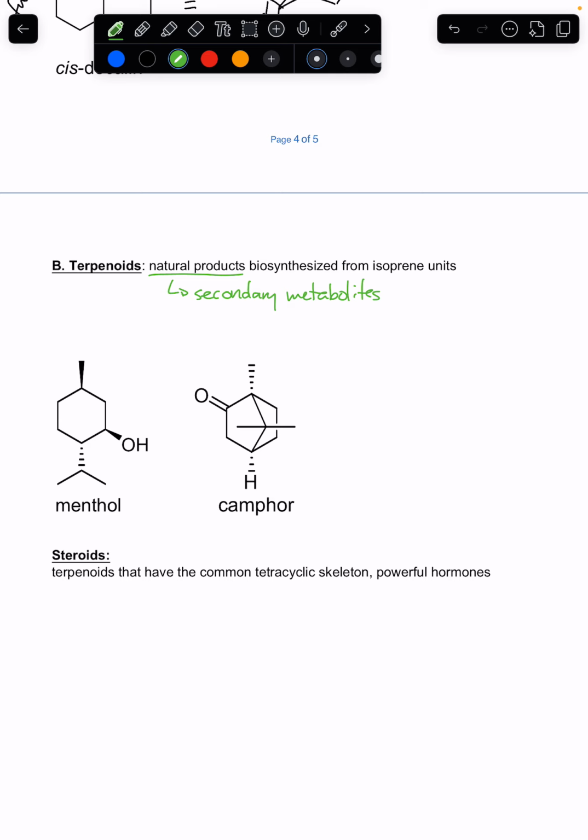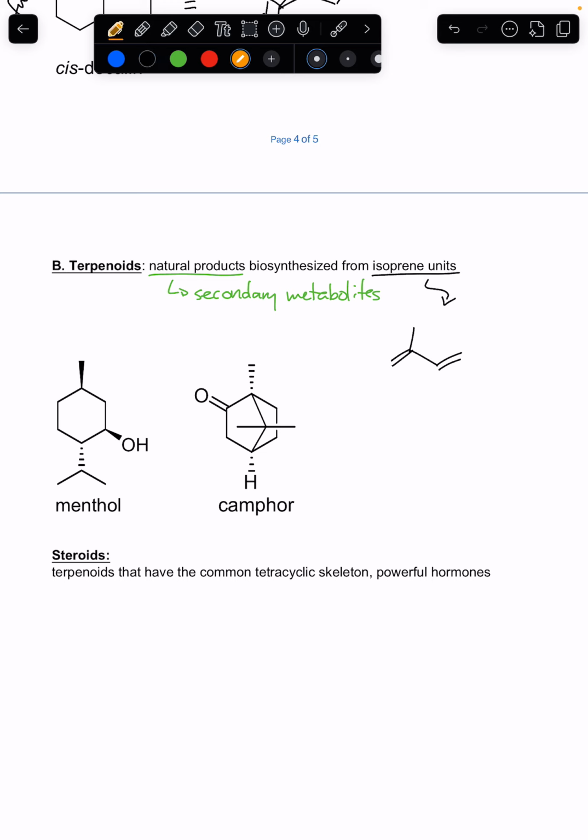Anyway, so what are terpenoids? These are secondary metabolites that are biosynthesized from isoprene units. And what is an isoprene unit? Well, they look like this. This 5-carbon unit. Okay, and then what nature does is they stitch these together to make terpenoid compounds with some functional group exchange at the end.